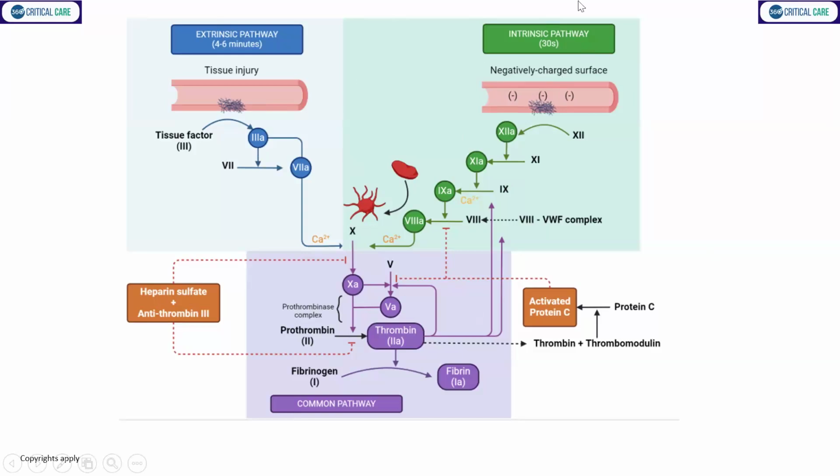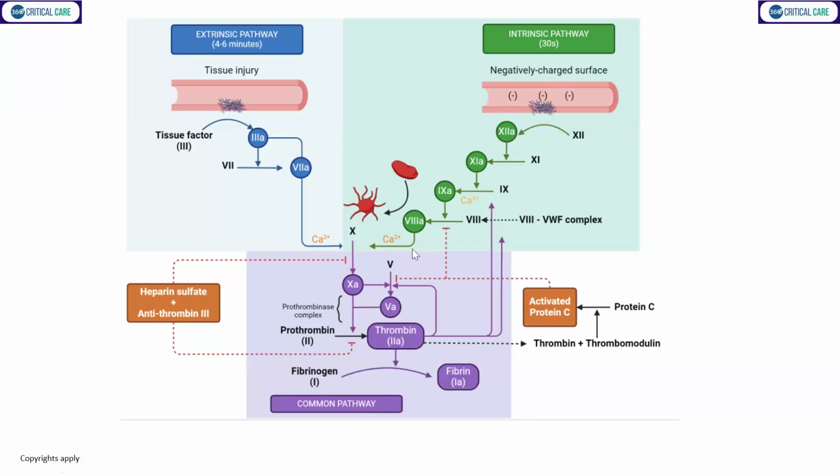So when both the extrinsic and intrinsic pathways get activated, the final focus point is factor 10, which gets converted to factor 10A, which then acts on prothrombin, converting it to thrombin, which in turn acts on fibrinogen, forming a stable clot. Okay, this is what we see in the classical pathway of the coagulation cascade.